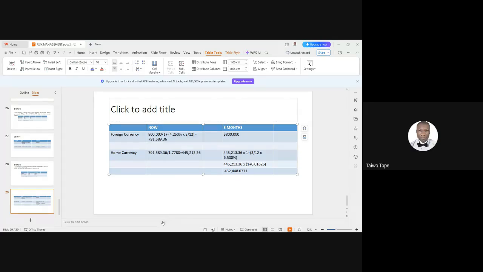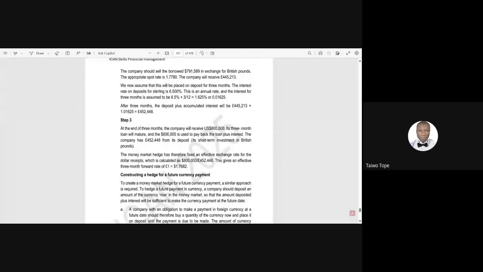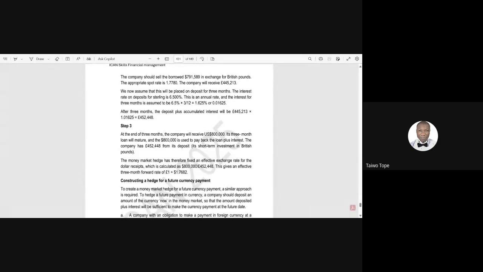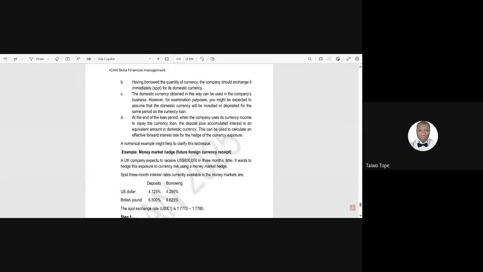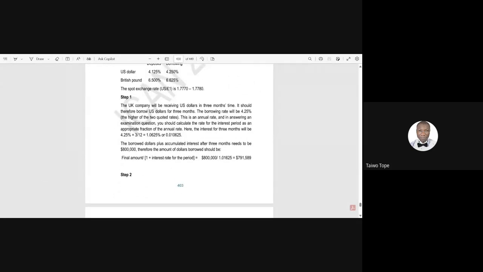So let me present what they have in the study pack. I put the question from the study pack. The first one was not from the study pack. So this is the question. You can see how they are putting it.